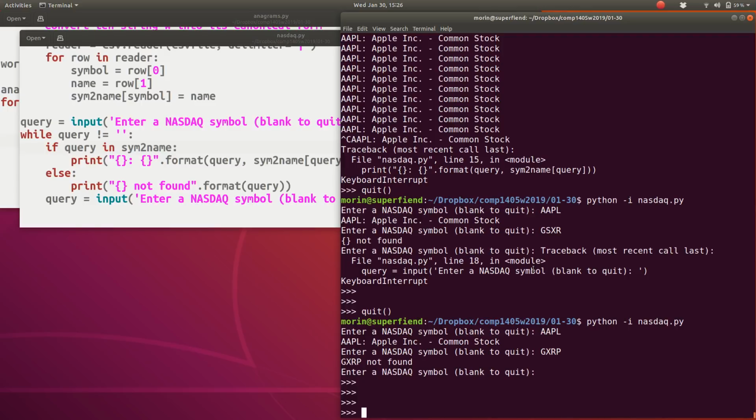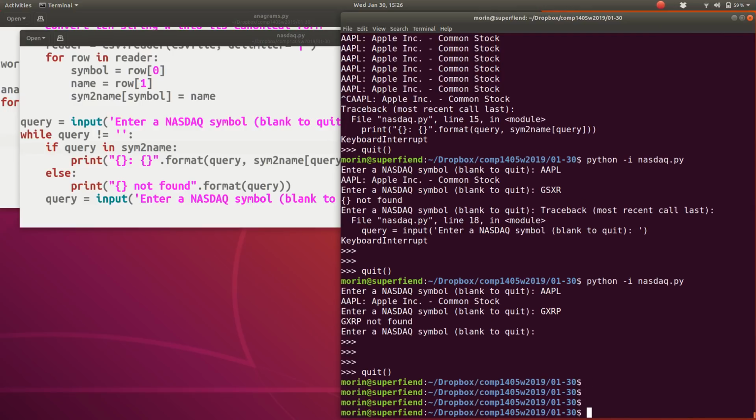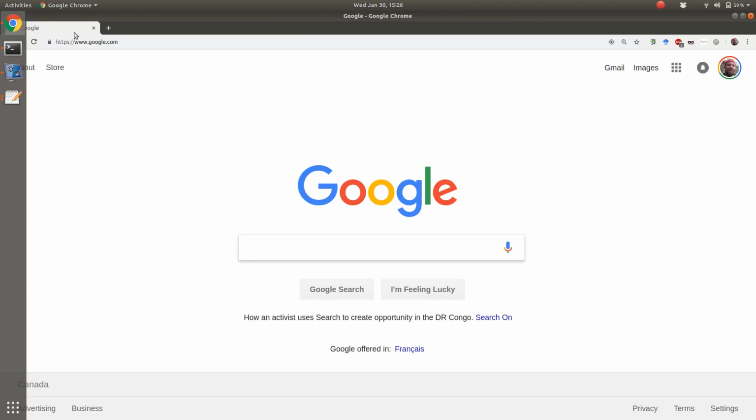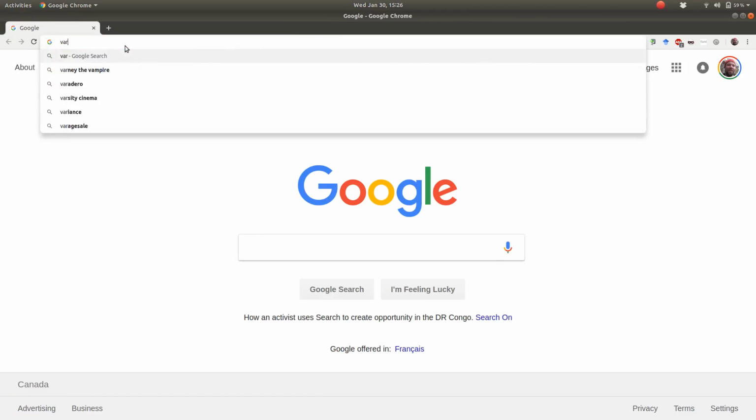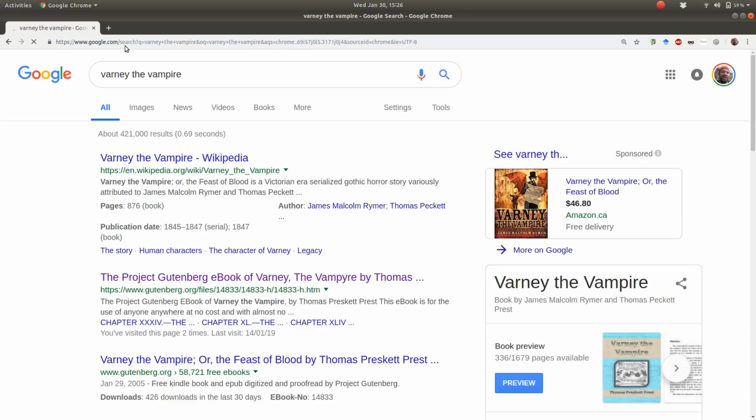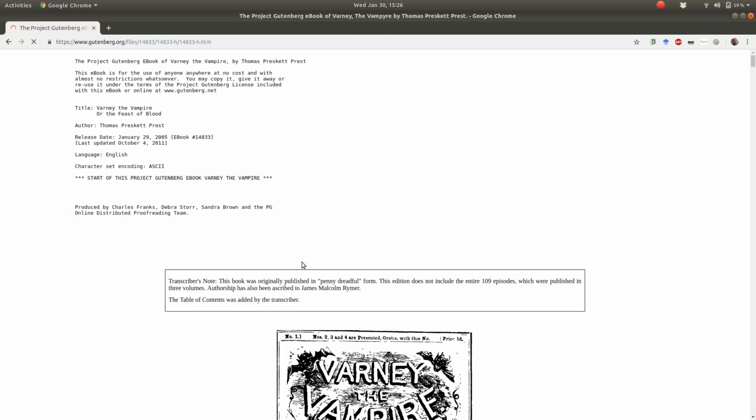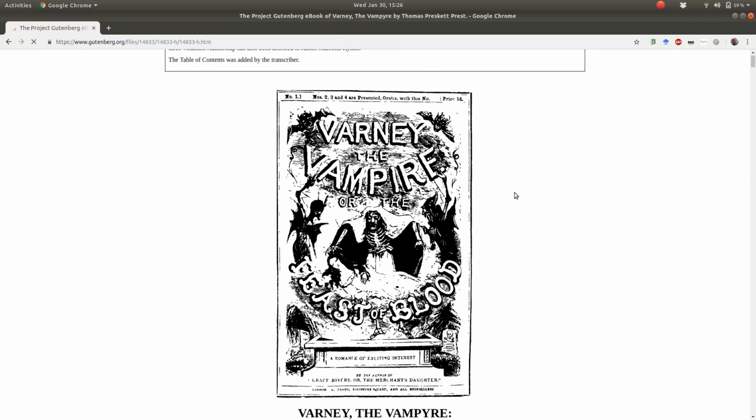Not too much more we can do with this particular piece of data. So I've got another great piece of data that we can look up online. And it's my favorite example of a wonderful book.